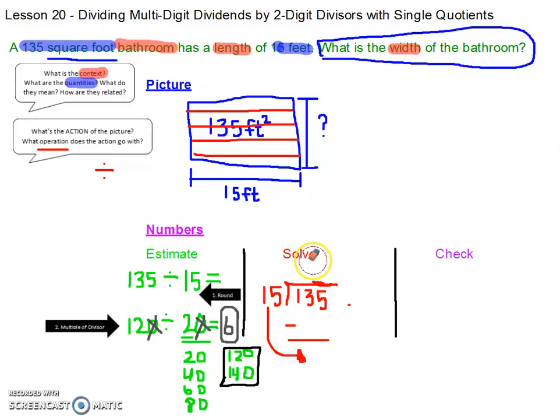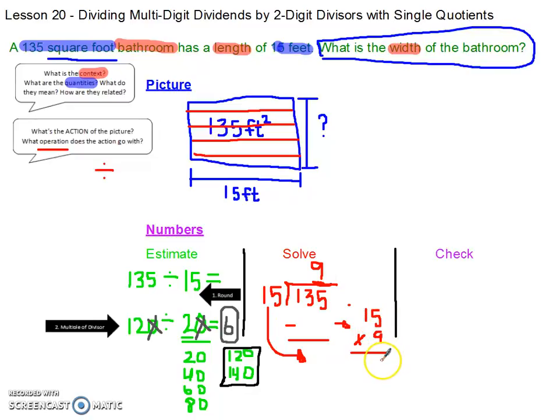And this time I'm going to do 9. And I'll see if that gets me closer to 135. So in order to find out what I'm subtracting, I multiply 15 times 9, which I got from the 9 up top and the divisor, so the quotient and the divisor.